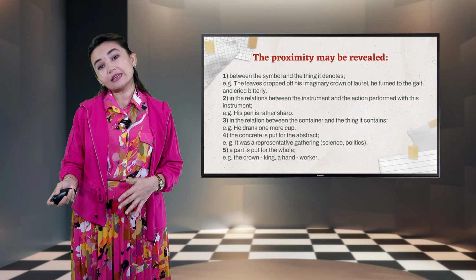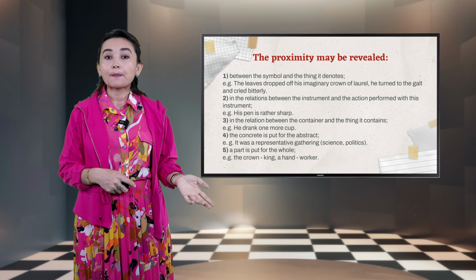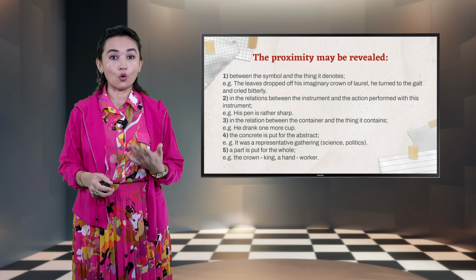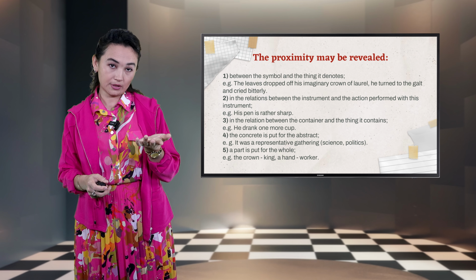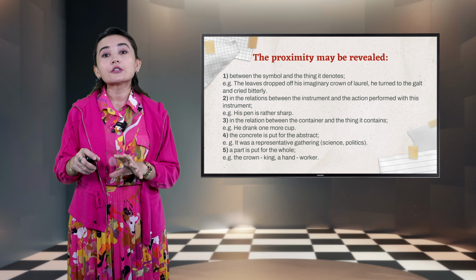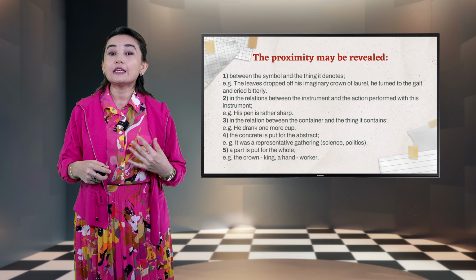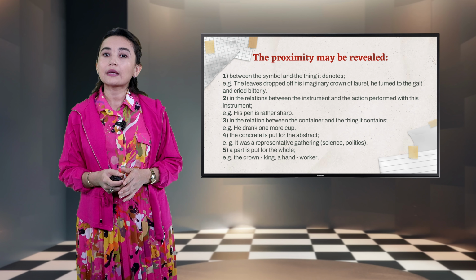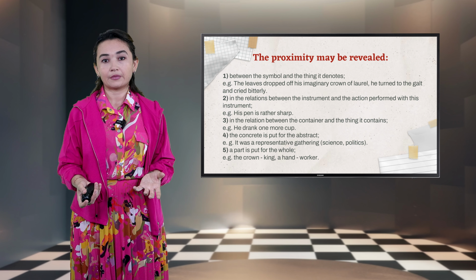The proximity may be revealed between the symbol and the thing it denotes. To exemplify, the leaves dropped off his imaginary crown of laurel, he turned to the gold and cried bitterly.